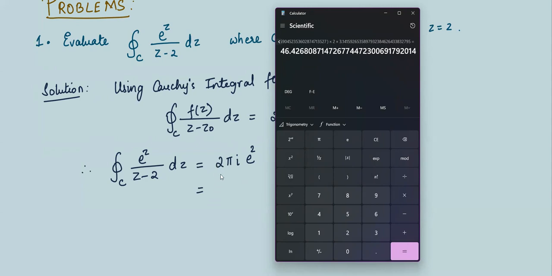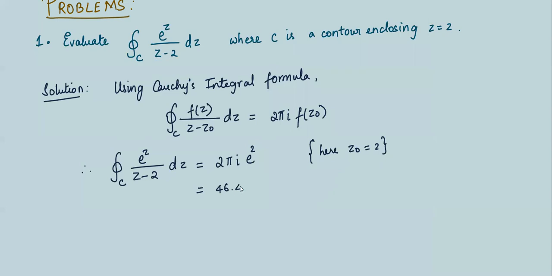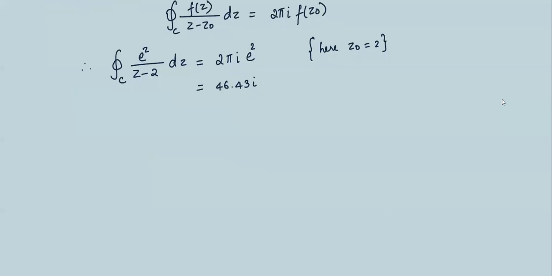So if you restrict to the second decimal, you get 46.43. So this is the value of the integral. Just direct use of Cauchy's integral formula, how to evaluate this integral. Next.